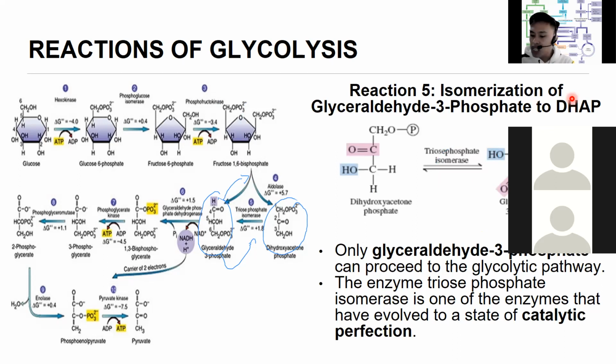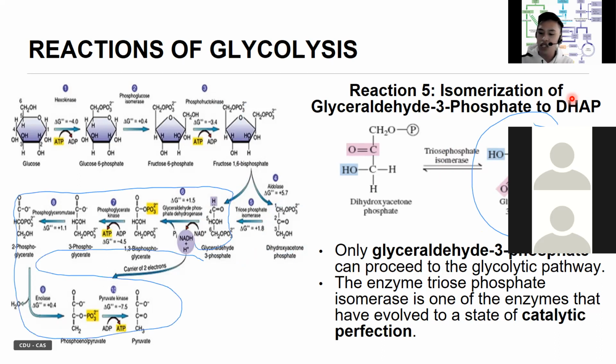So in the end, you got 2 glyceraldehyde 3-phosphate entering the glycolytic pathway. So whatever byproduct we produce here is already times 2.